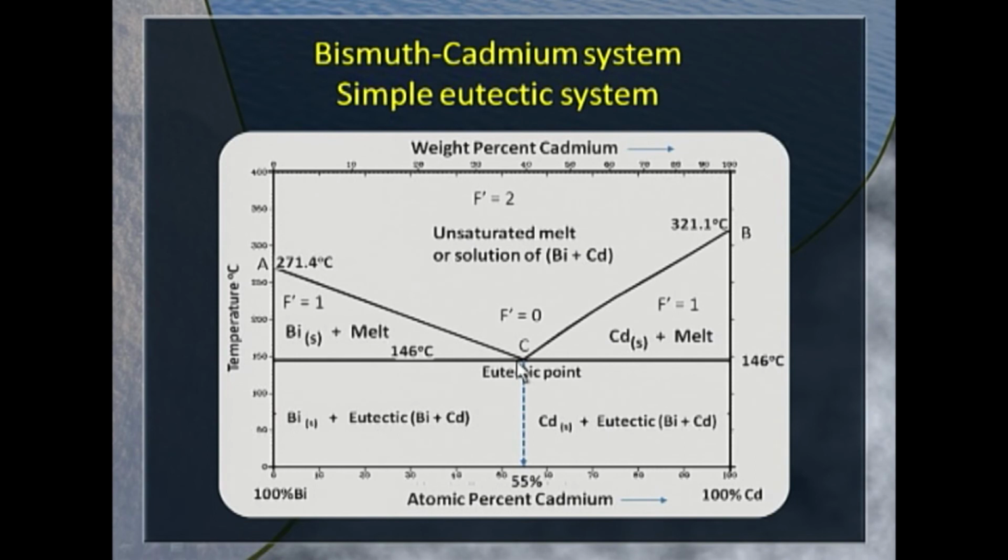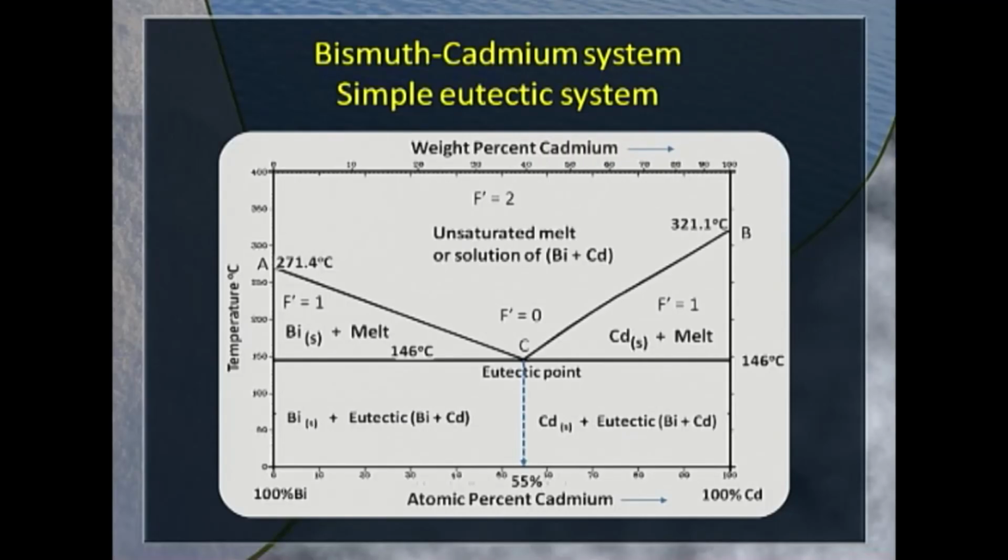Ultimately, the two lines meet at point C, and we have seen that the point at which the composition is such that it exhibits the lowest melting point is called the eutectic composition, and the temperature at which this is shown is called the eutectic temperature.